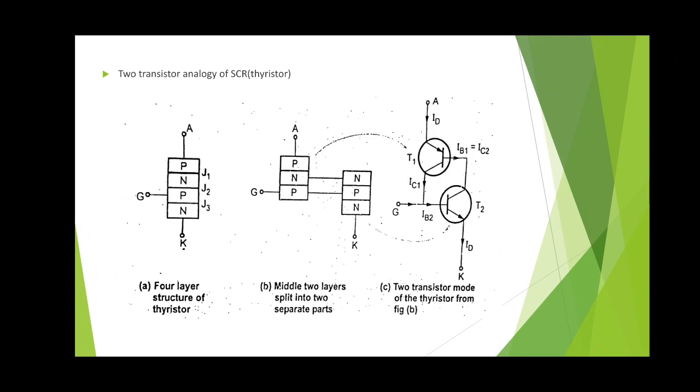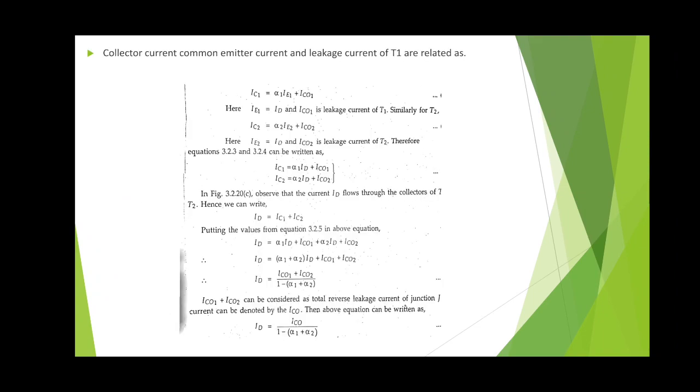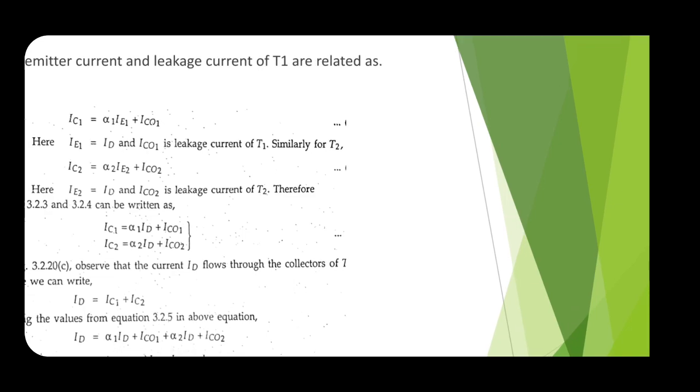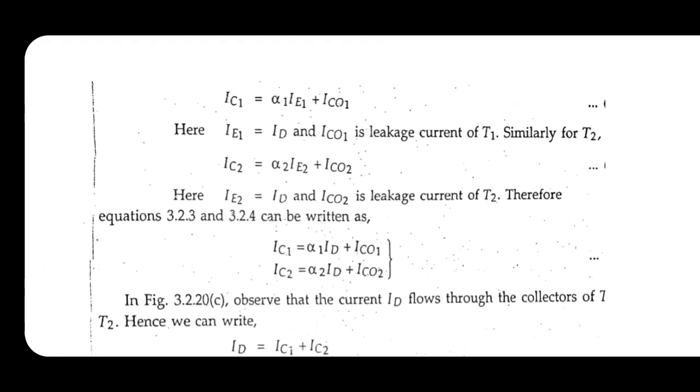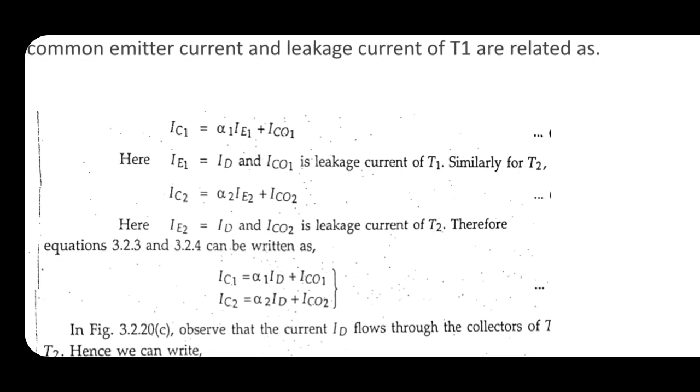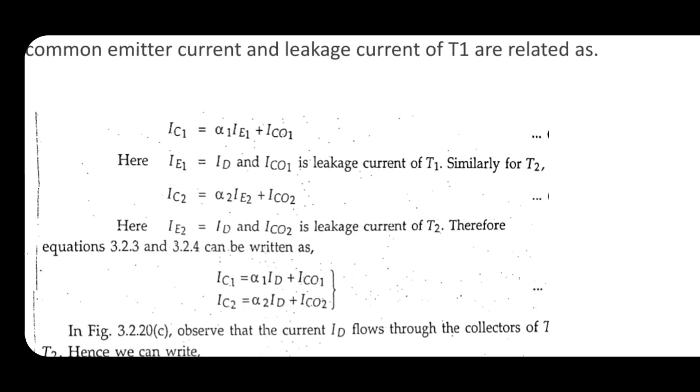The collector current, emitter current and leakage currents of T1 are related by the following equations. IC1 is equal to alpha 1 IE1 plus ICO1. Here IE1 is equal to ID and ICO1 is the leakage current of T1.